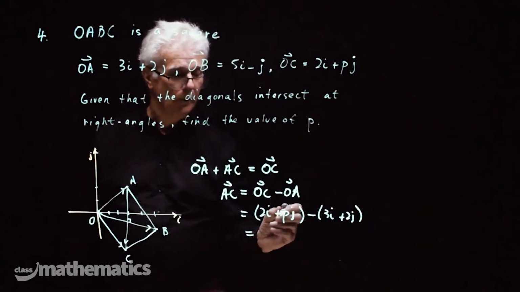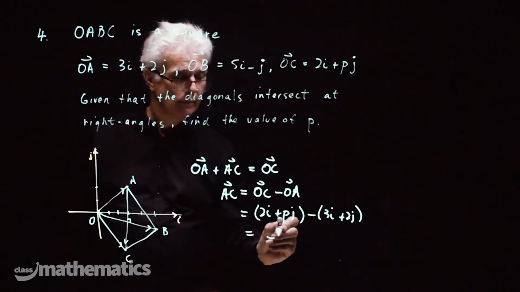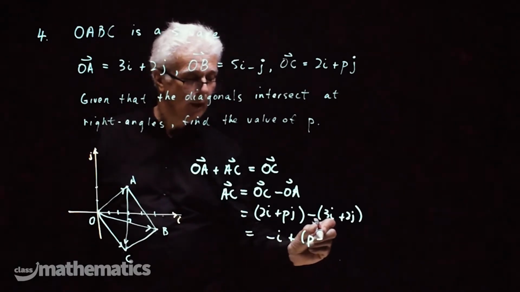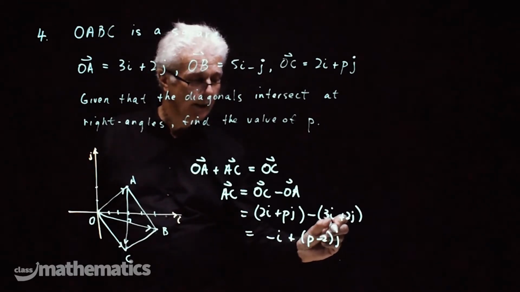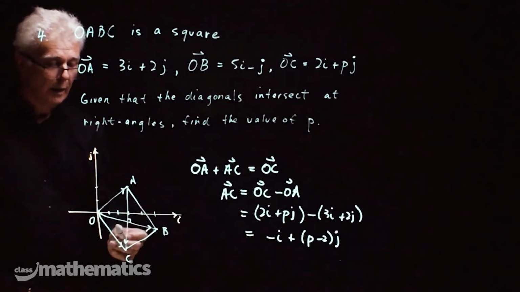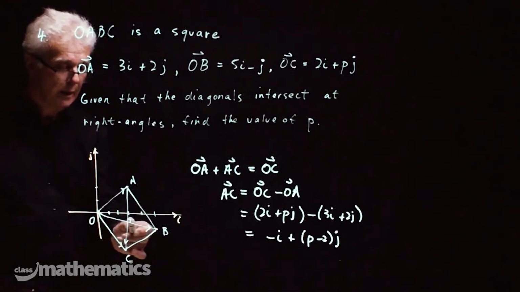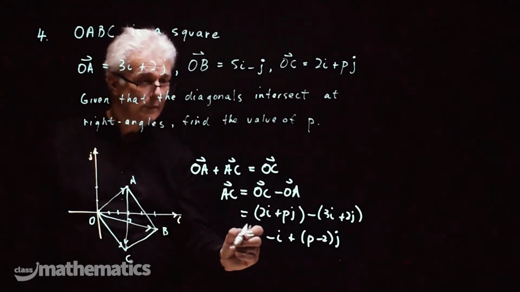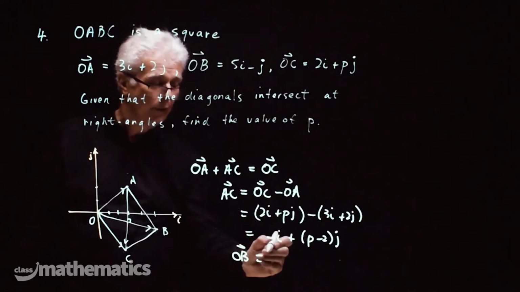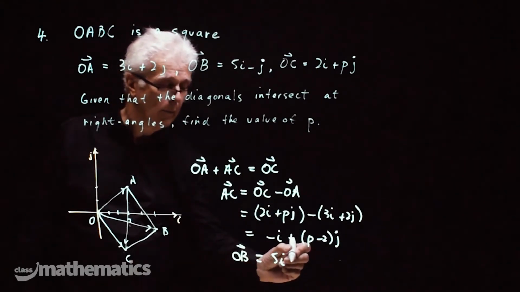Therefore, that's equal to minus i plus (p minus 2)j. So that's AC. Now we know that OB, this one here, is equal to 5i minus j.